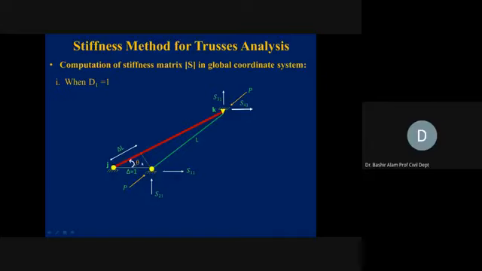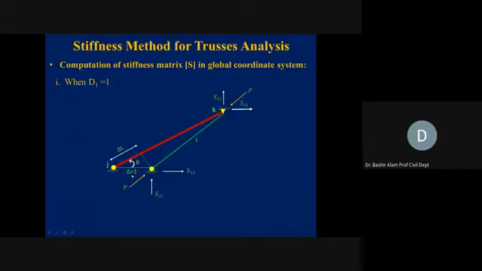This is making an angle theta with the horizontal. Now this horizontal distance, we know it is equal to delta equal to 1, because we are interested in the stiffness matrix, and a stiffness coefficient is calculated when we give a unit displacement.